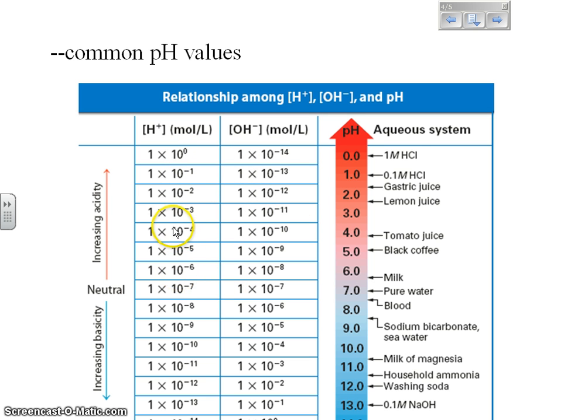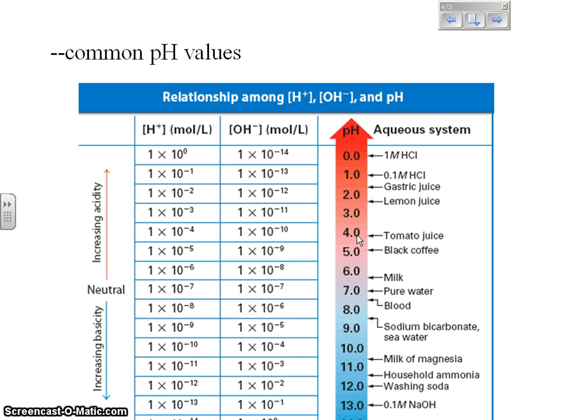If for example we have a solution that is 1 times 10 to the negative 4, that means the OH negative concentration is going to be 1 times 10 to the negative 10. And that makes it a pH of 4.